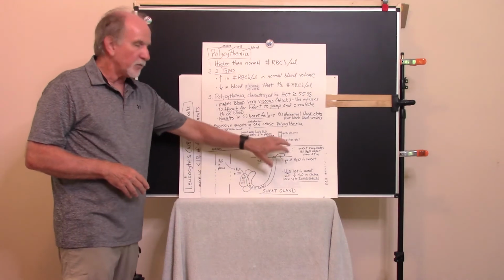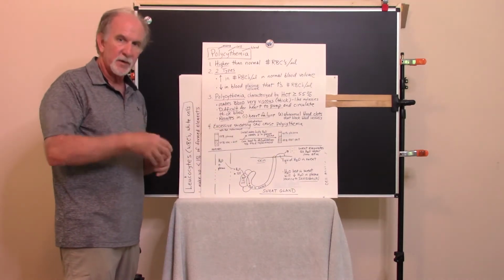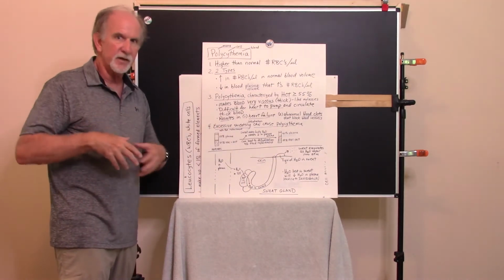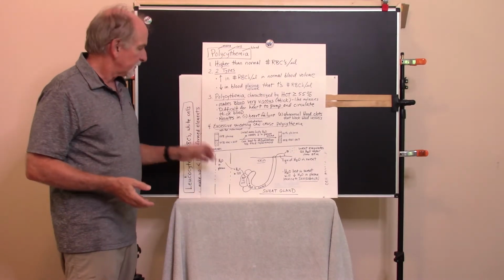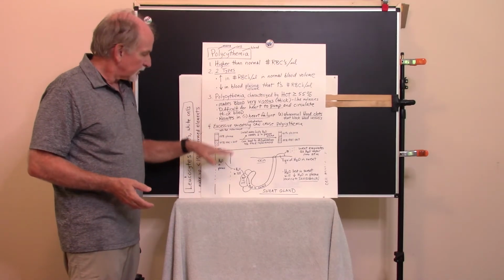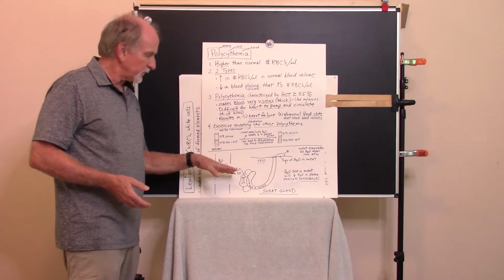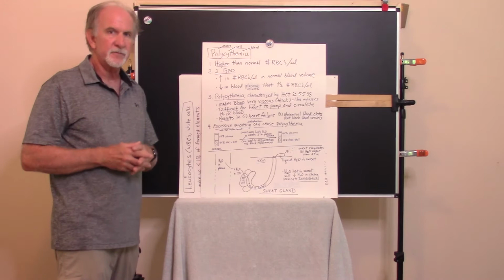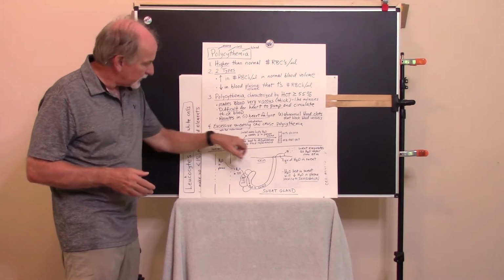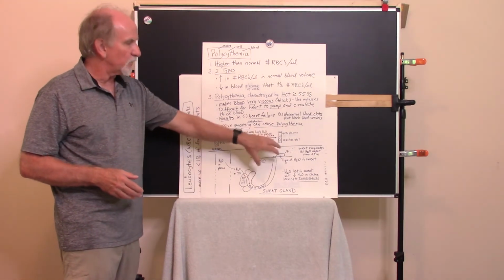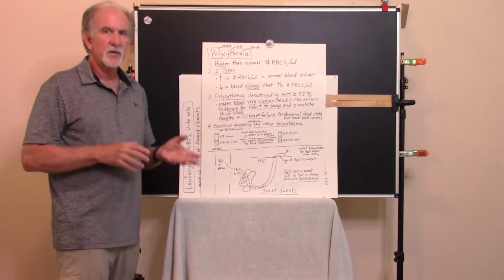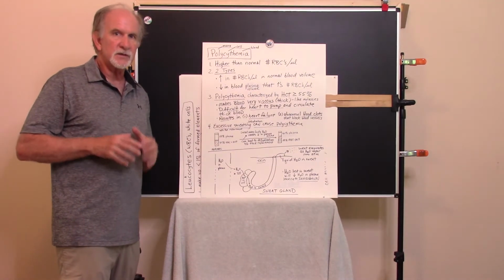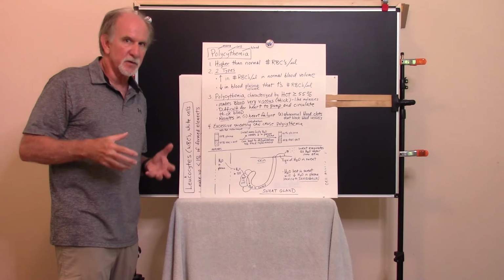So if you sweat a lot without replacing water by just drinking Gatorade or a glass of water or whatever, then at some point in time, the amount of water in plasma, because it's going to be used to make sweat, will start to decline. And when this occurs, it will concentrate more red blood cells in less plasma.